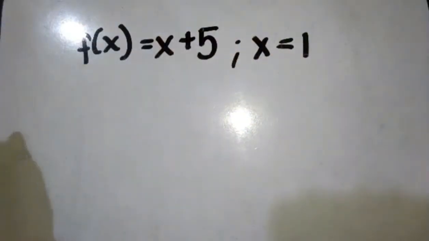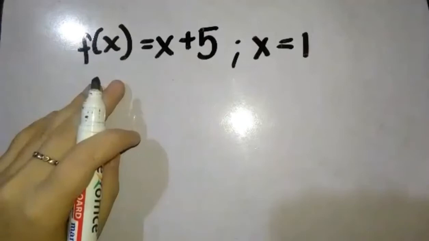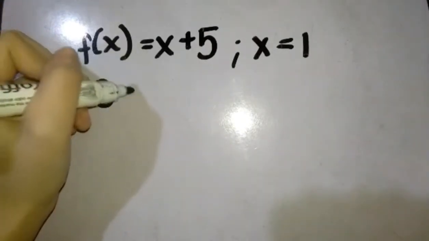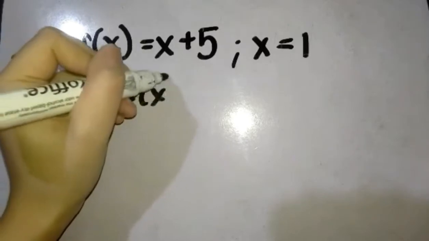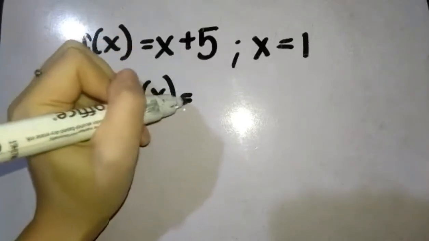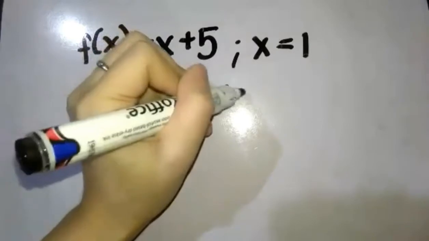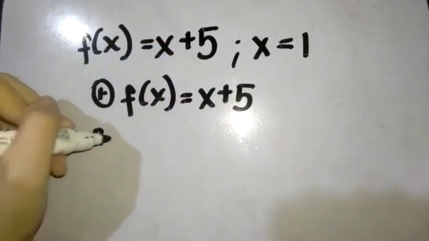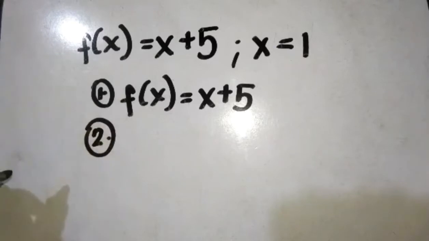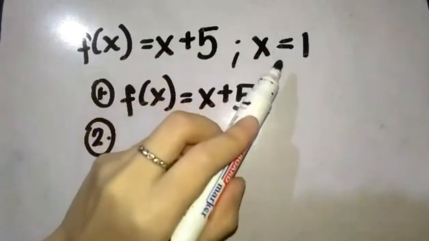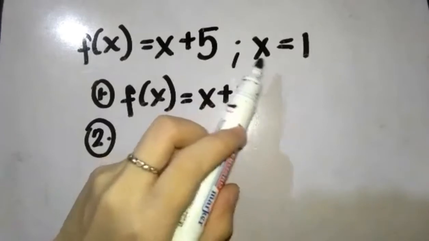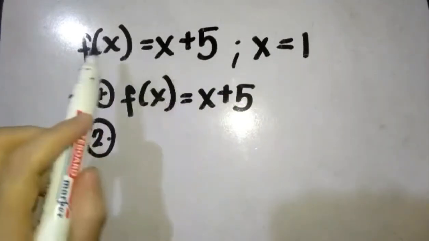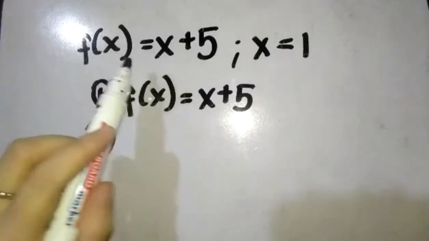How are we going to evaluate this? First, we are going to write the function f of x is equal to x plus 5. Next, since the value of x is given here, we are just going to substitute the value of x, which is 1, to all the x variables present in the given function.